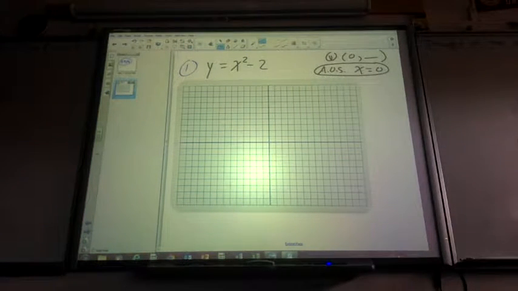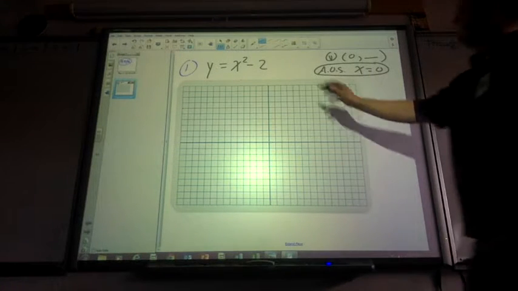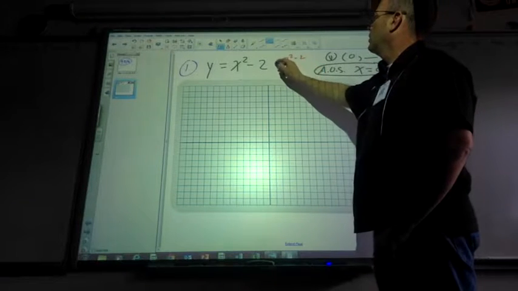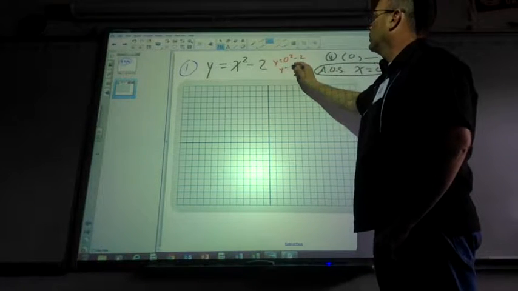Okay? Make sense? All right. Now, here I have a question. If I have the x component of the vertex being 0, how do I find the y component of the vertex? Yeah, plug 0 right on in. So you get 0 squared minus 2. 0 squared is 0.